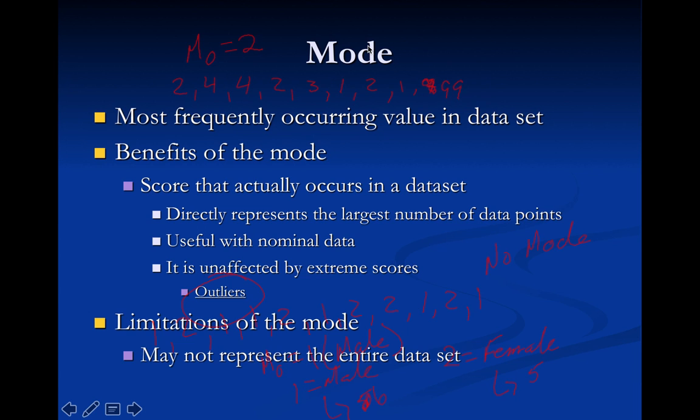All right. Now, limitations of the mode. A big limitation of the mode is that the mode is not actually very representative of the entire data set's performance. So let's say, for whatever the reason may be, that we end up having numbers like the following. Let's say on an exam.